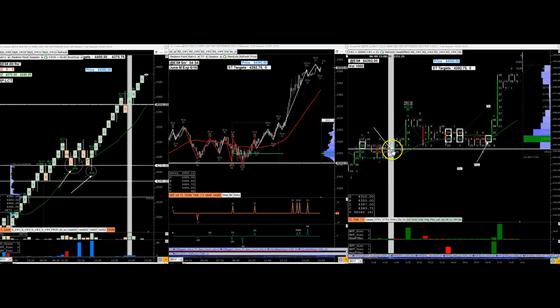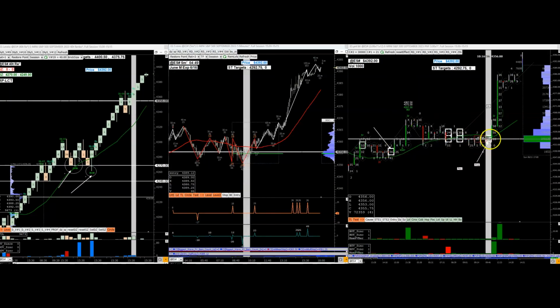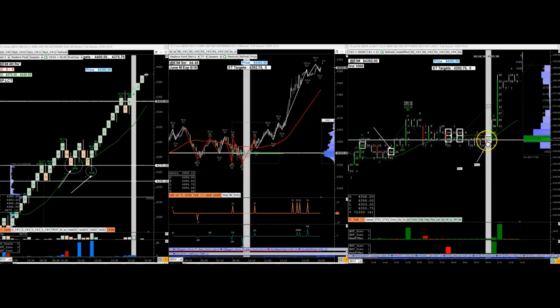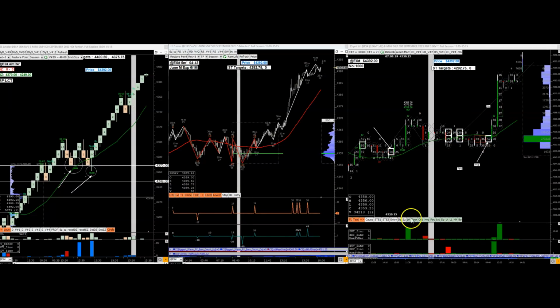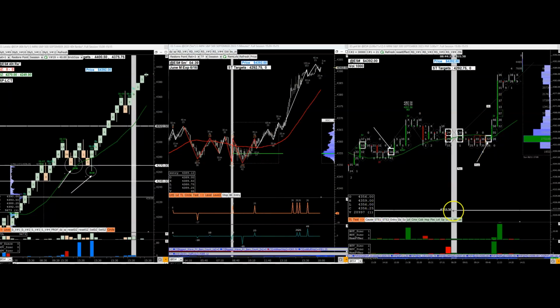In the consolidation, before the move, again, in the consolidation, before the move, here 56,000 contracts, here 57,000 contracts, right there. And then the break.